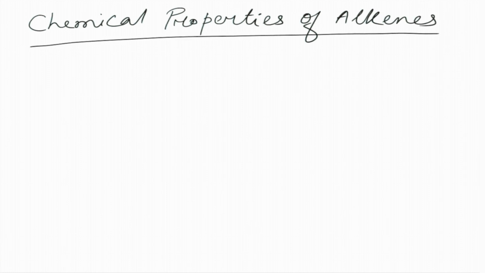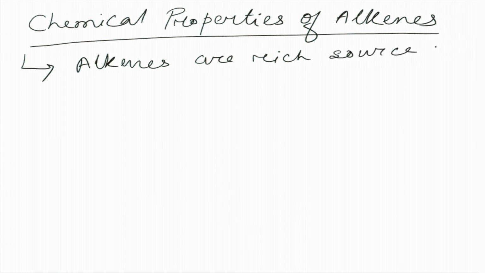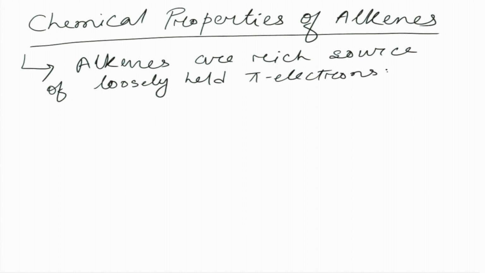Alkenes. Okay. So, first of all, the major property due to which most reactions of alkenes occur is that alkenes are a rich source of loosely held pi electrons.